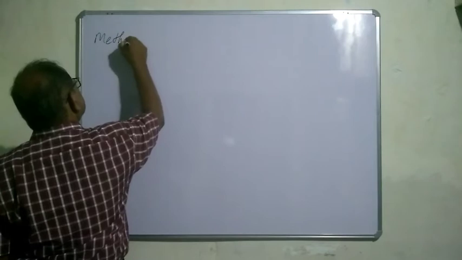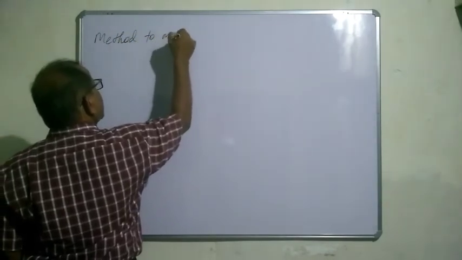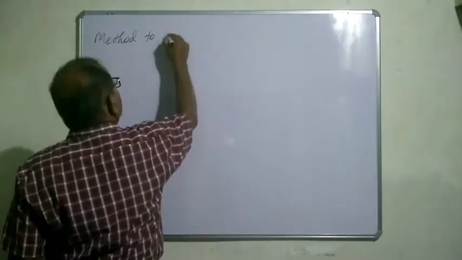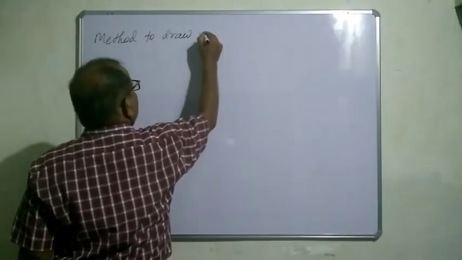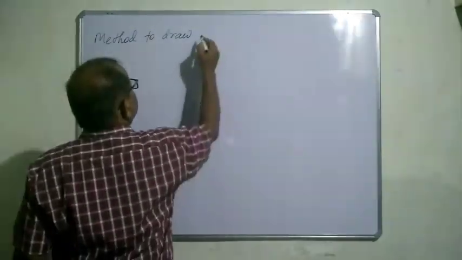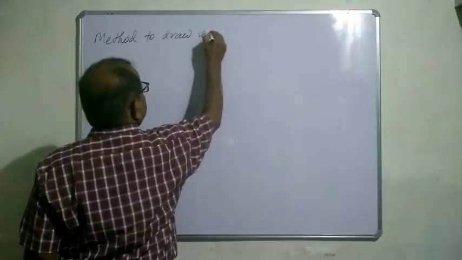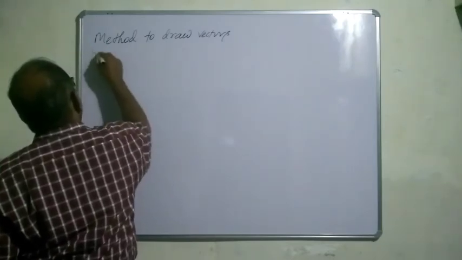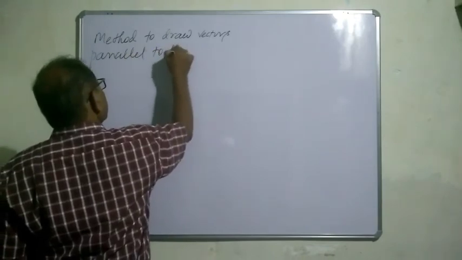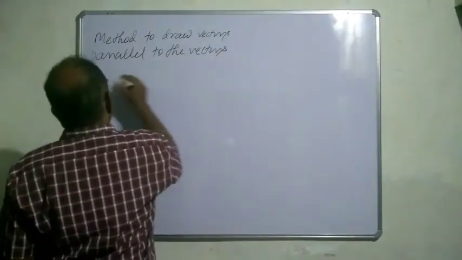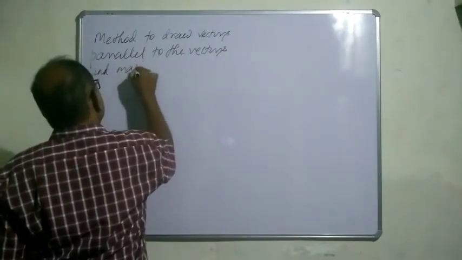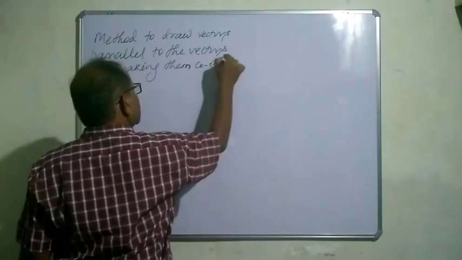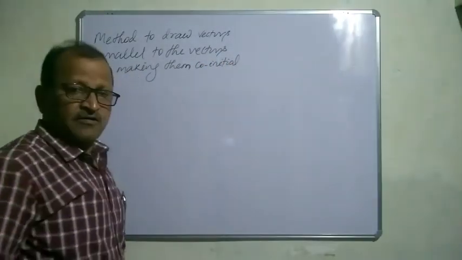Method to draw, not make, to draw co-initial vectors: draw vectors parallel to the given vectors and making them co-initial, right? Co-initial, right? Yes.